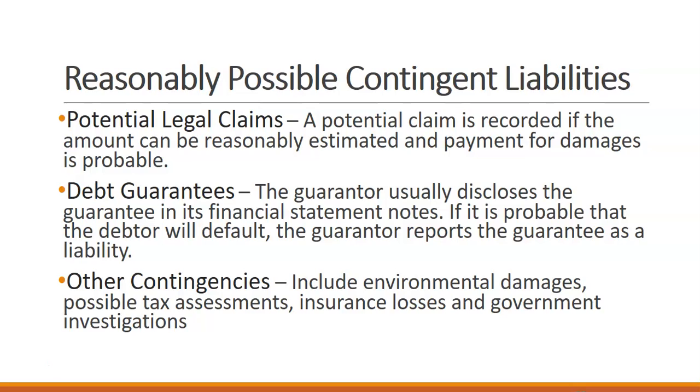A debt guarantee. If it's probable that our debtor is going to default in their payment, then we're going to report that as a liability. These are if we've guaranteed debt.